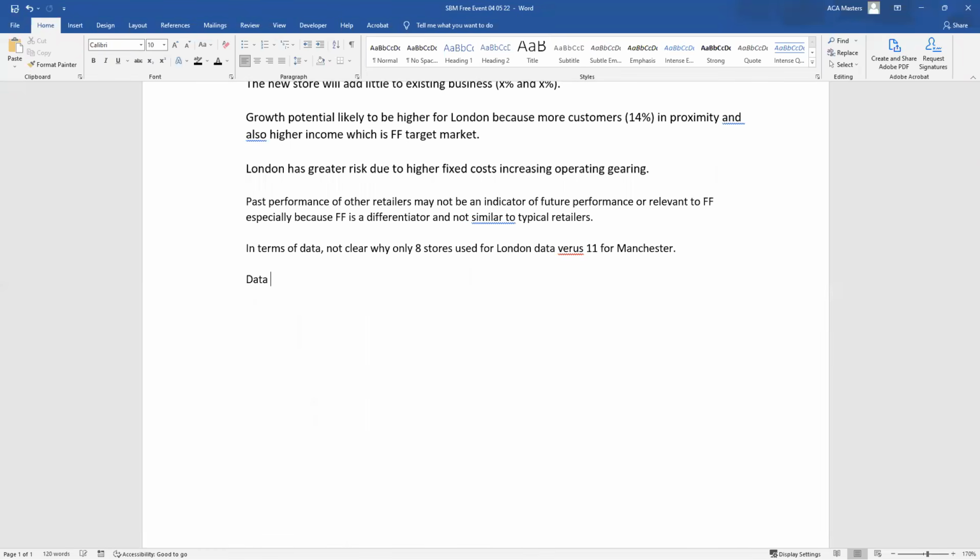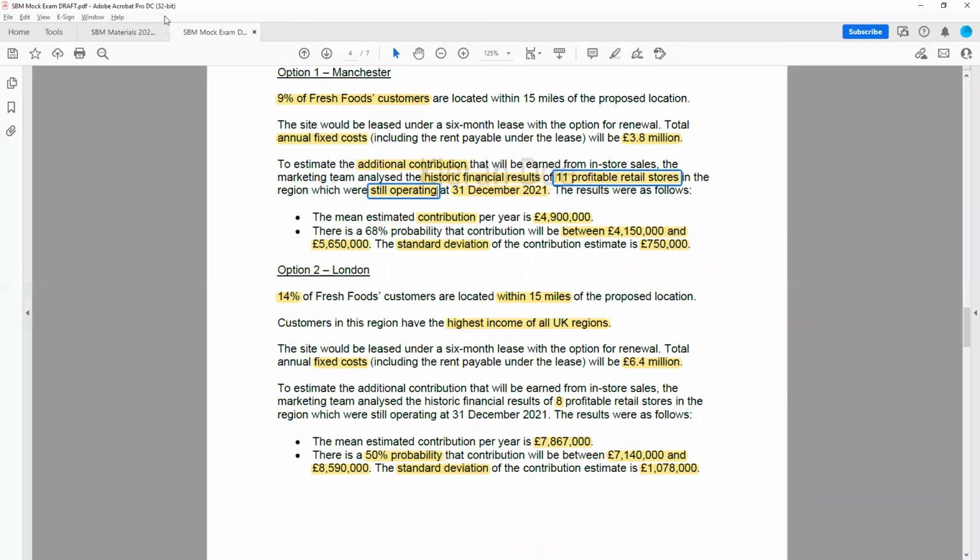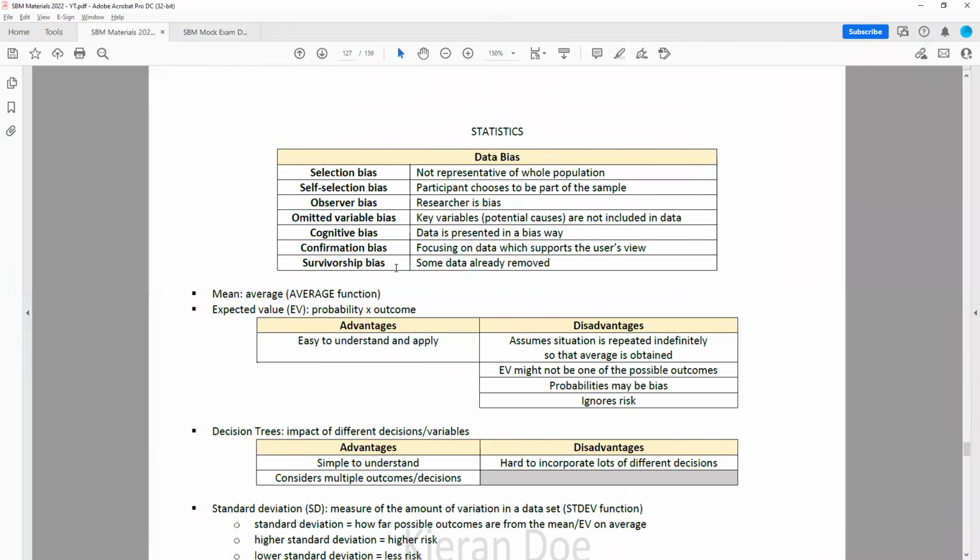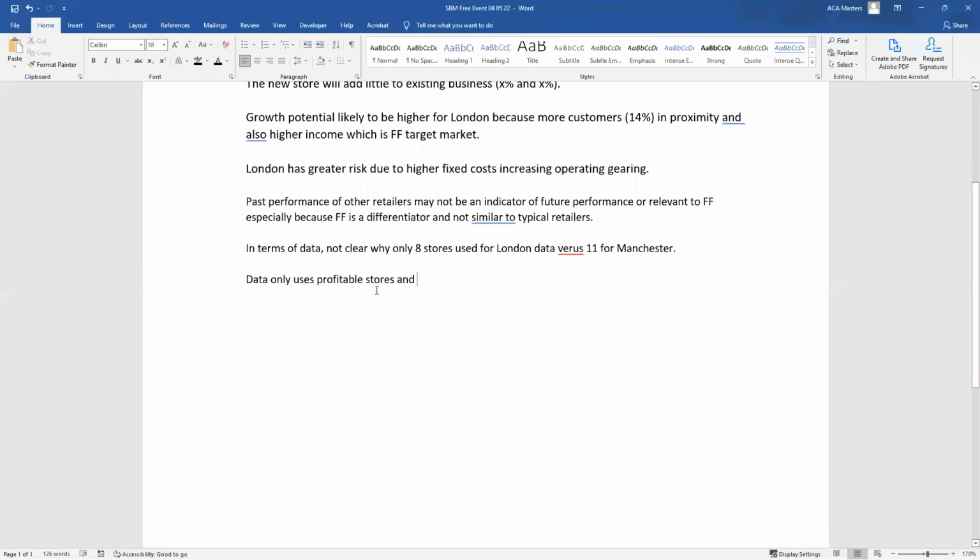We could say data only uses profitable stores, and we could use a specific term here: survivorship bias, because some of the data has been completely ignored, because it's only looked at businesses which are still in business, not ones which have gone out of business.